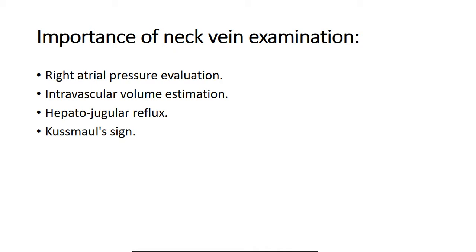But if the patient has the opposite, on taking a deep inspiration his neck vein pulsations rise and the neck veins become more congested, this means that he has a very high right side pressure, due to constrictive pericarditis, pericardial tamponade, right side failure, tricuspid valve stenosis, pulmonary valve stenosis, or pulmonary embolism.